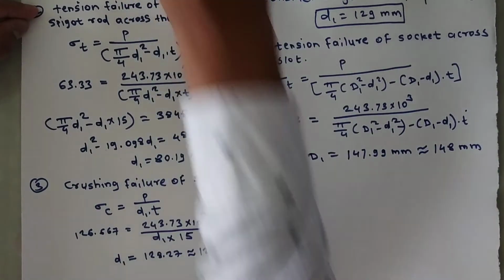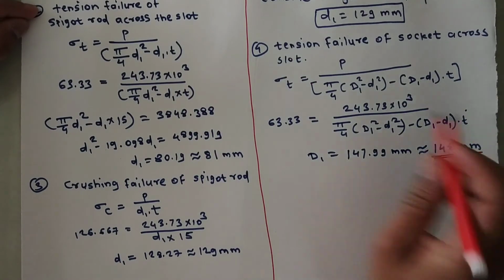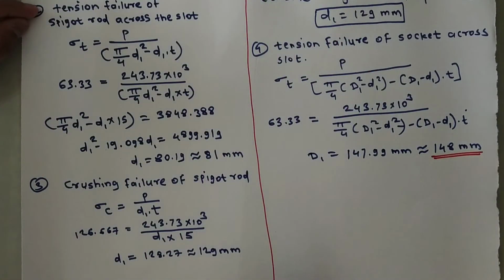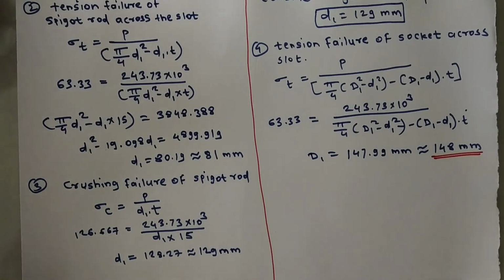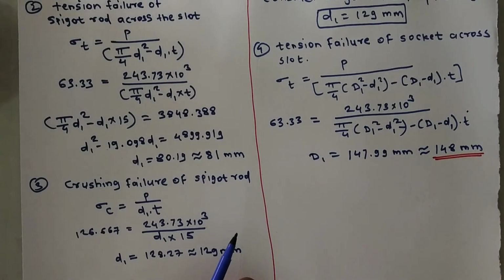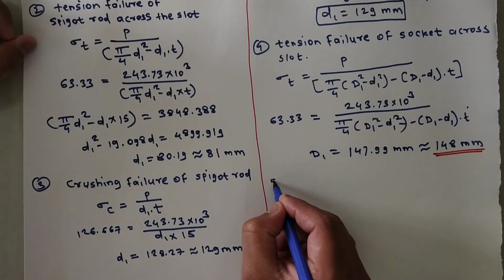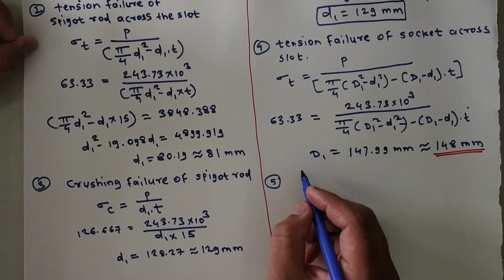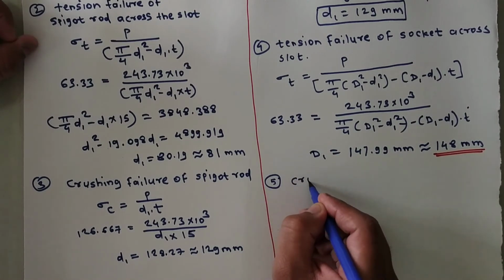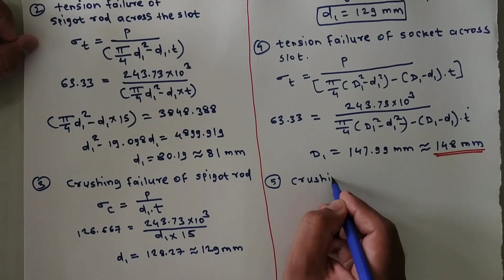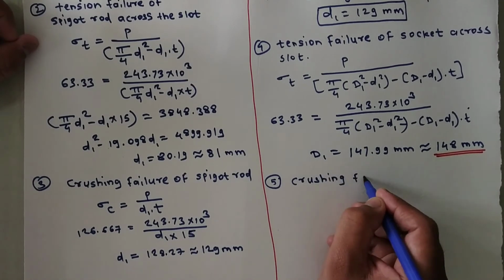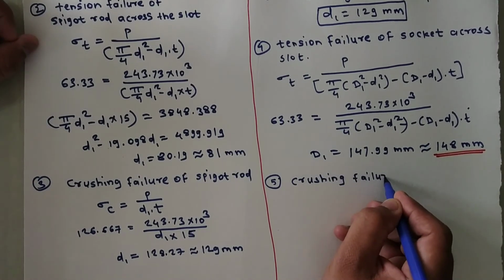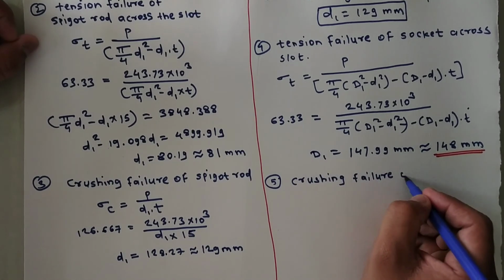So using this D1, to find out the diameter of the socket collar D2, we will consider the crushing failure of the socket collar.